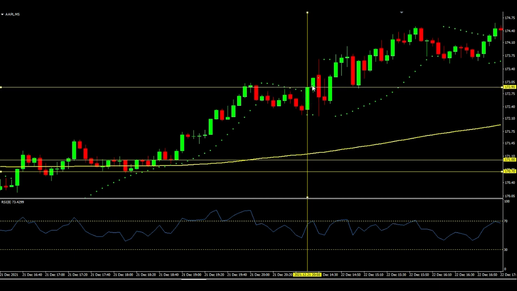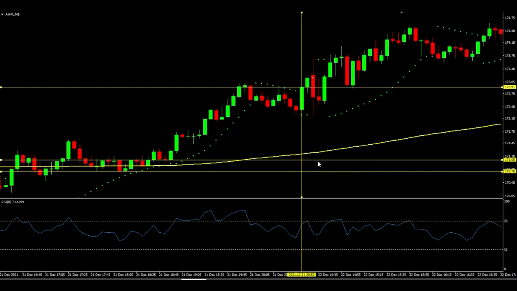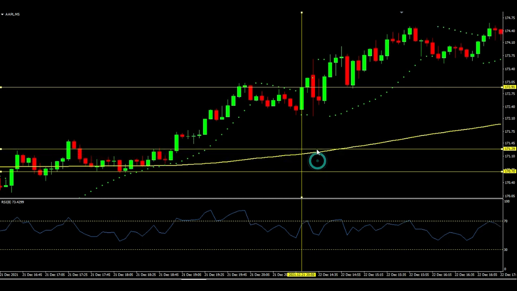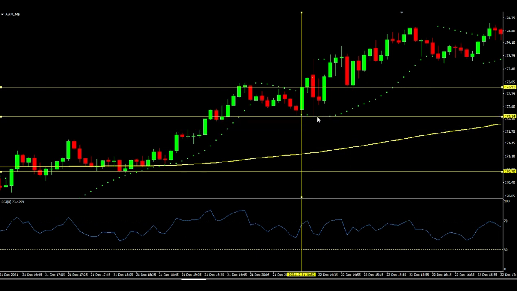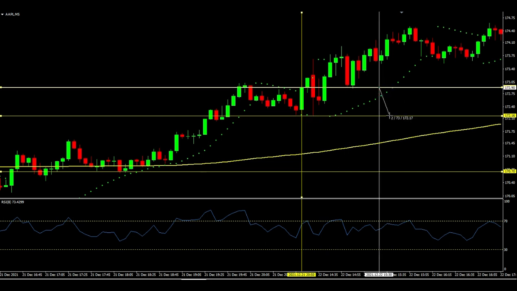This is where we're going to buy, at 172.91, and we're going to place our stop loss below this parabolic SAR. Okay, so we are risking about 73 points.